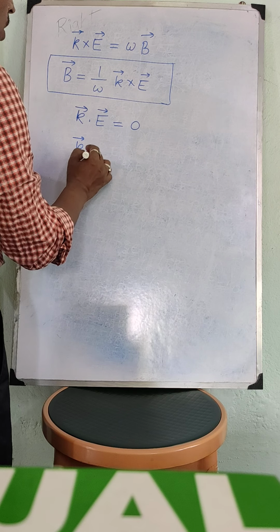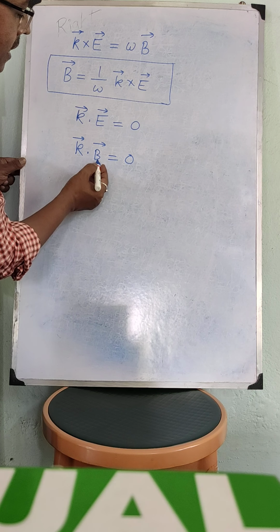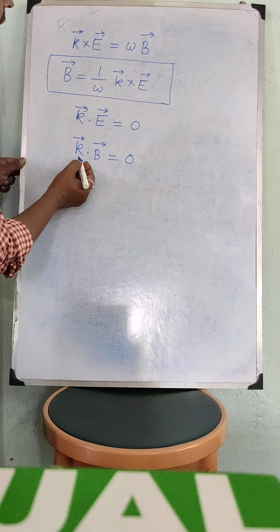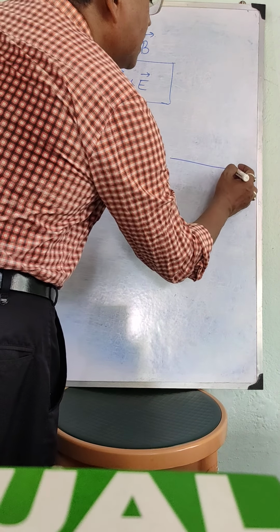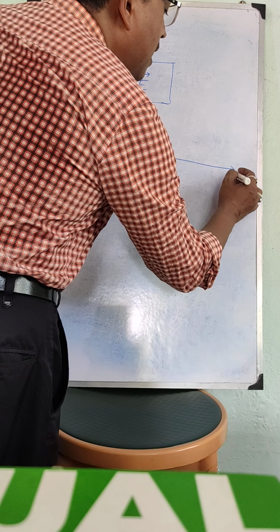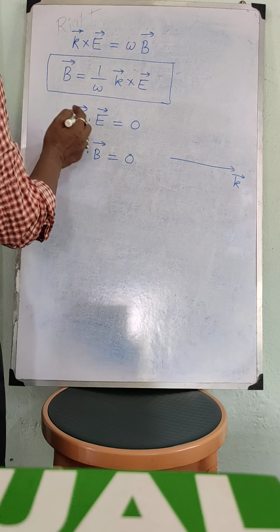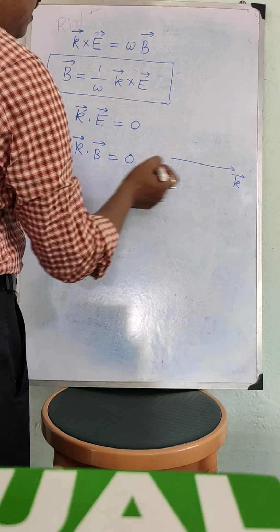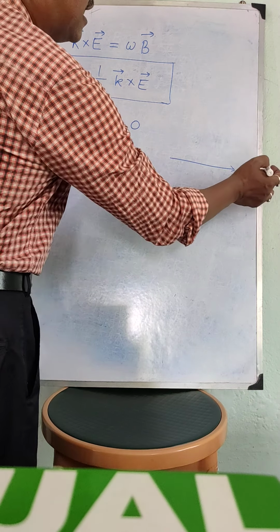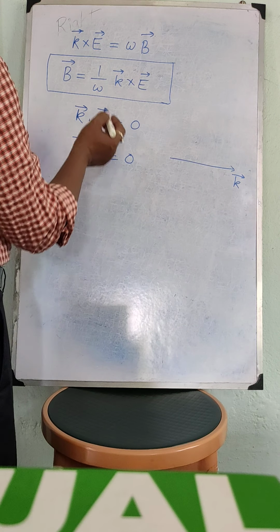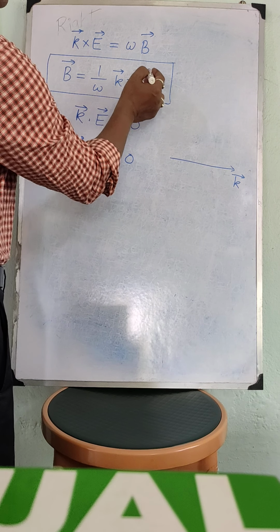Similarly, k dot B is equal to 0. That means magnetic field vector is perpendicular to the propagation vector. So if this is the direction of propagation of the wave, then e vector is perpendicular to this direction, k vector; B vector, magnetic field vector, is also perpendicular to this direction, that is the k vector, and from this equation we see that the B vector is perpendicular to e vector.